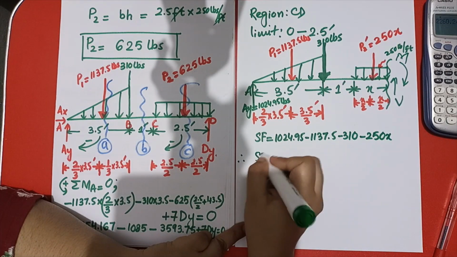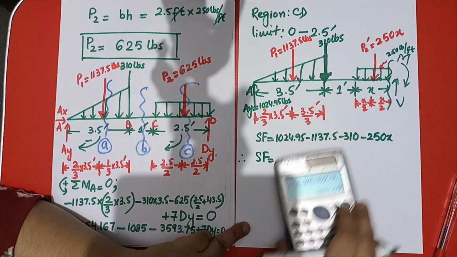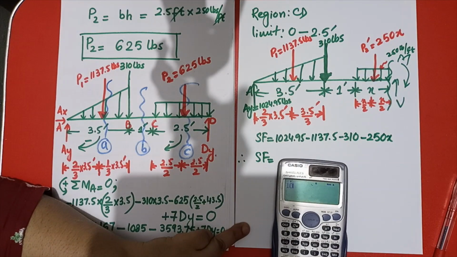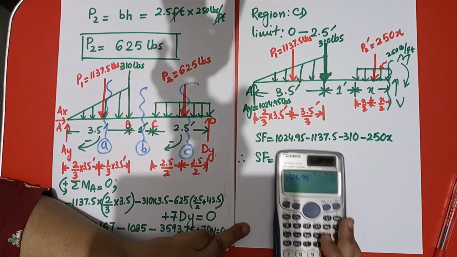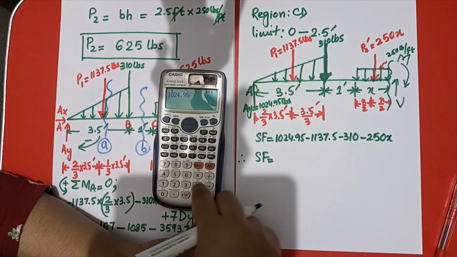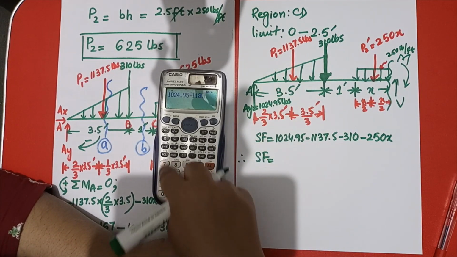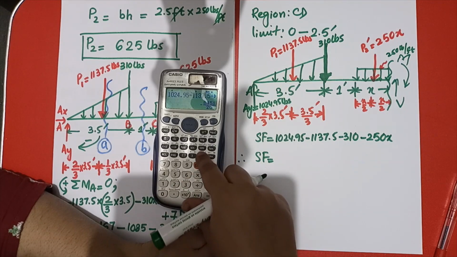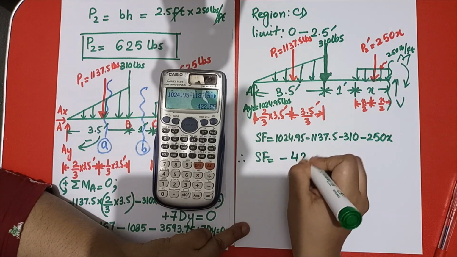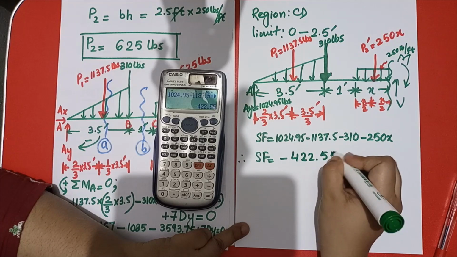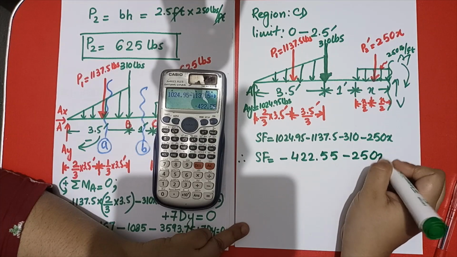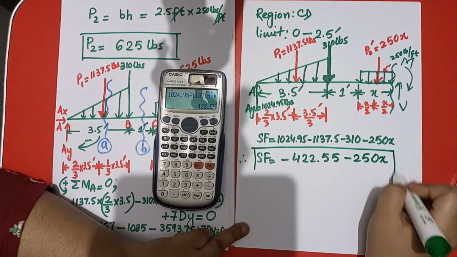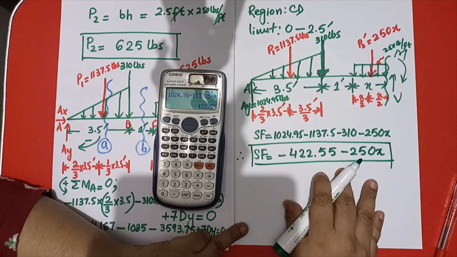So we have to simplify it. So the shear force equation becomes 1024.95 minus 1137.5 minus 310. So the answer will be minus 422.55 minus 250x. This will be the shear force equation.